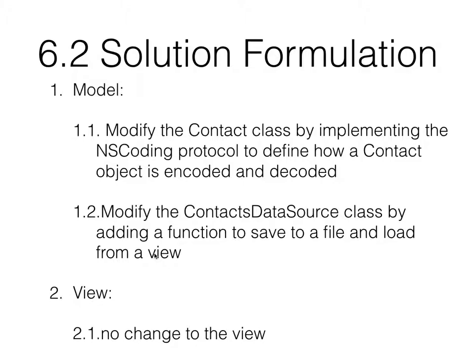But we have a custom class here called contact, and this is something we created, so the library doesn't really know anything about it. So before we ask the library to save our contact to a file, we need to educate contact, or let contact be able to inform the library of how it should be saved. We do this through implementing a protocol.